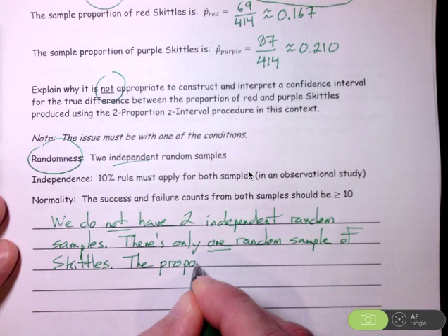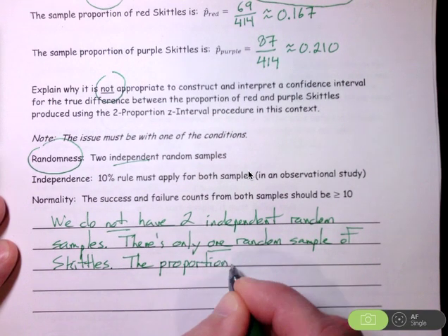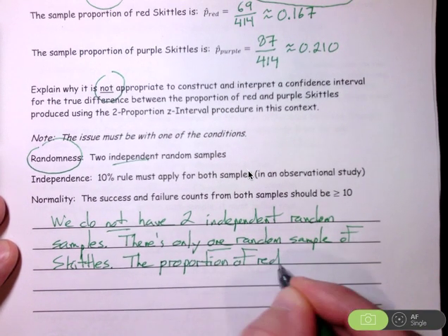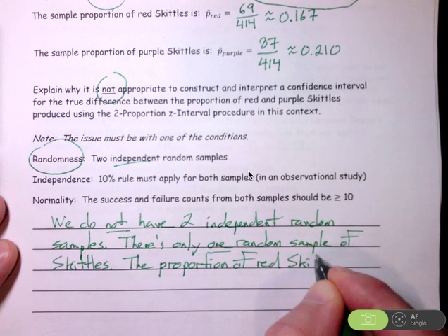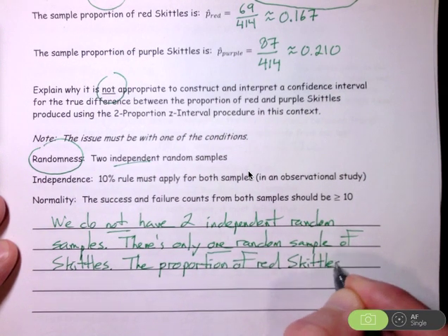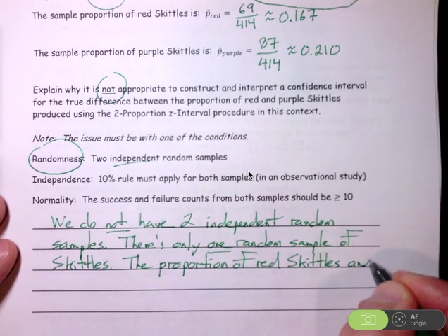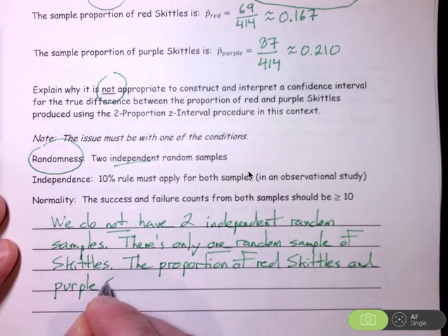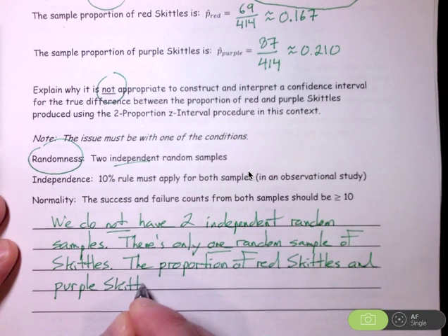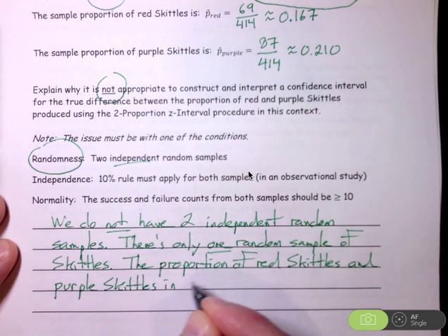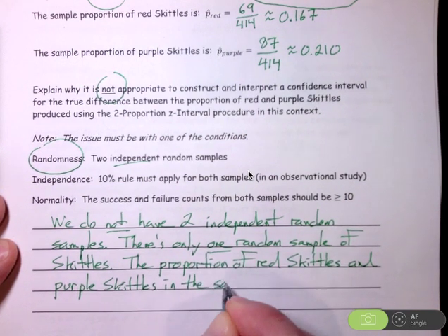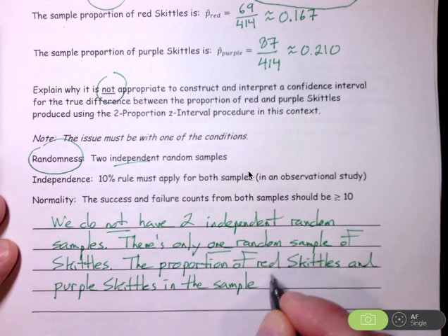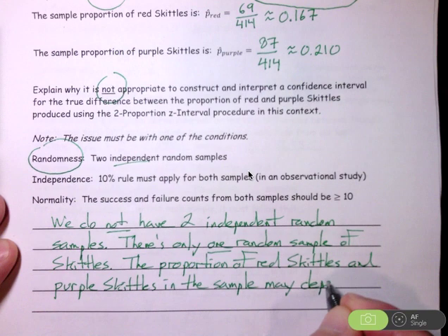So the proportion of red Skittles and purple Skittles in the sample may depend on one another.